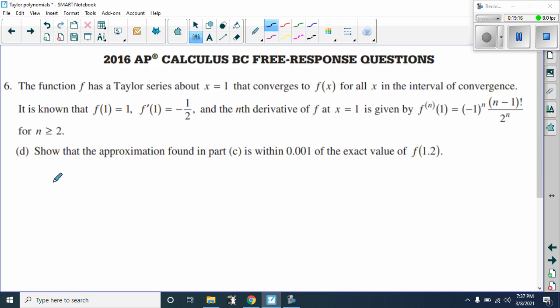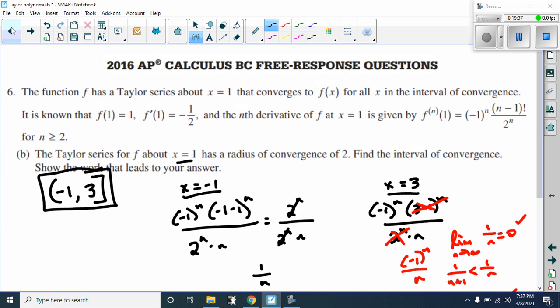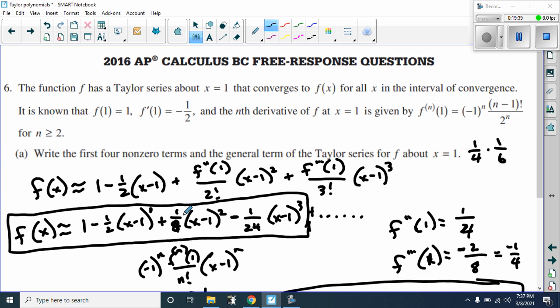So what we are looking for is we want to show that the error, how far it's off by, is less than 0.001. We want the error to be less than 0.001. So the maximum error would be if I plug in 1.2 to the next term. So I use 3 terms to approximate.